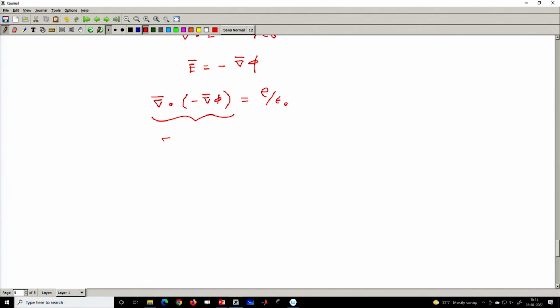This simply forms the Laplacian, which is del square. So, this basically leads to a del square operator, and I can write it as del square phi equals minus rho by epsilon 0. So, this very equation is called the Poisson equation.